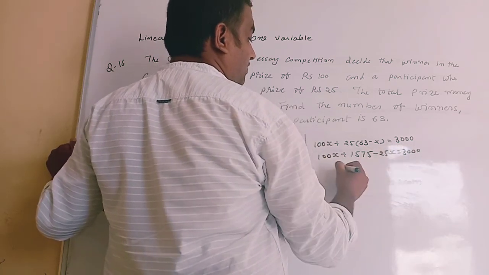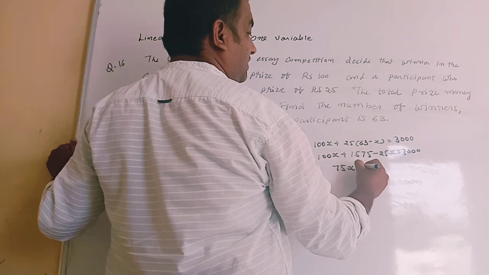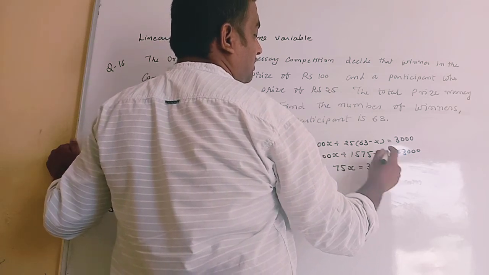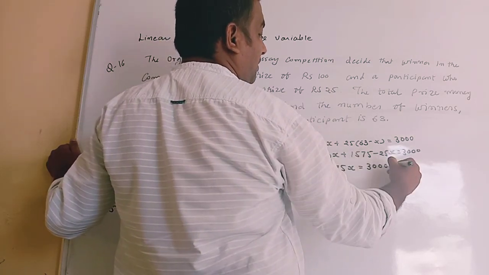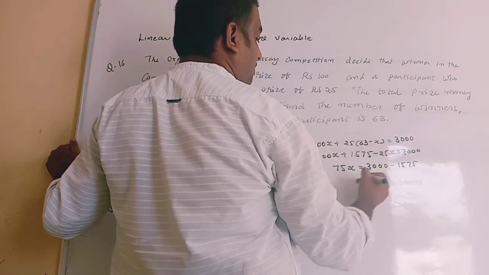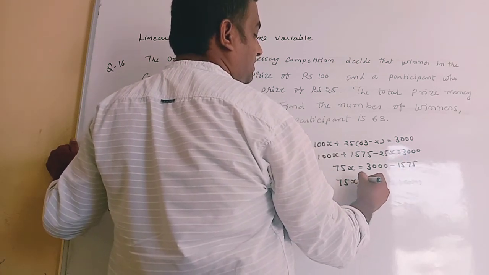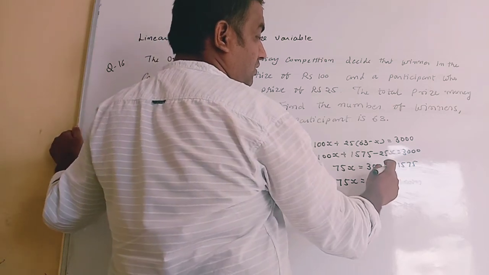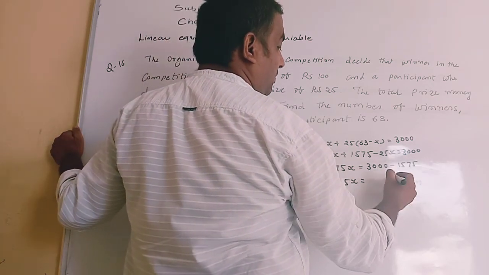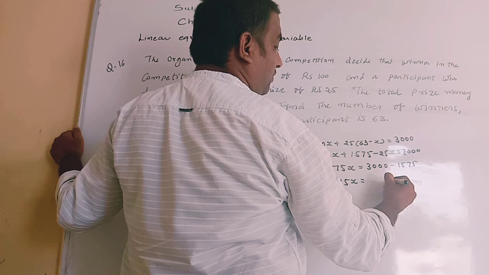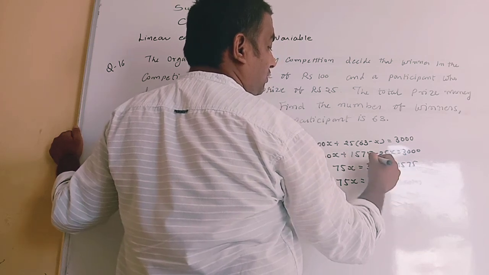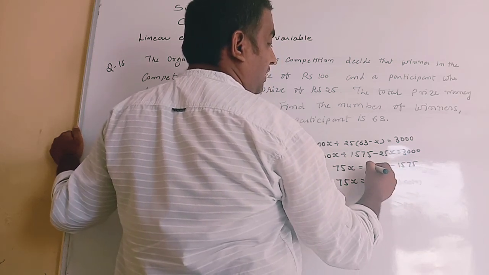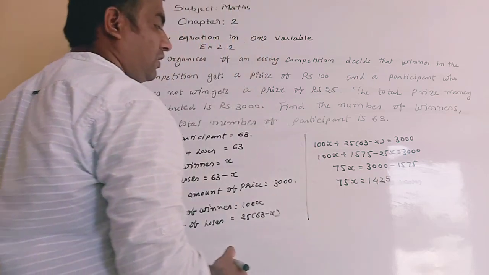So 100 minus 25x, 75x equals 3,000, and 1575 will go to the other side, minus. So 75x equals 3,000 minus 1575, which is 1425.